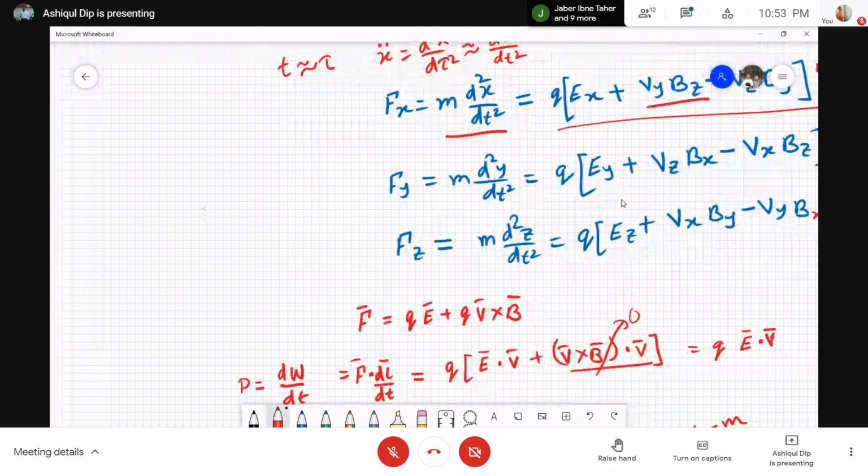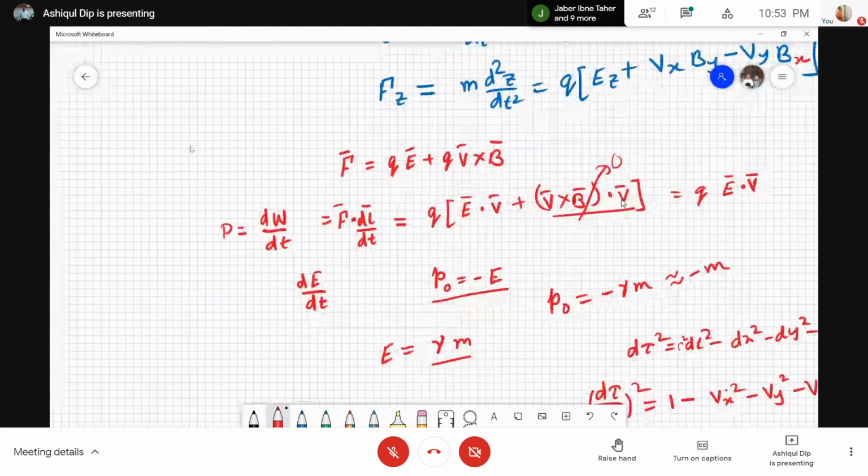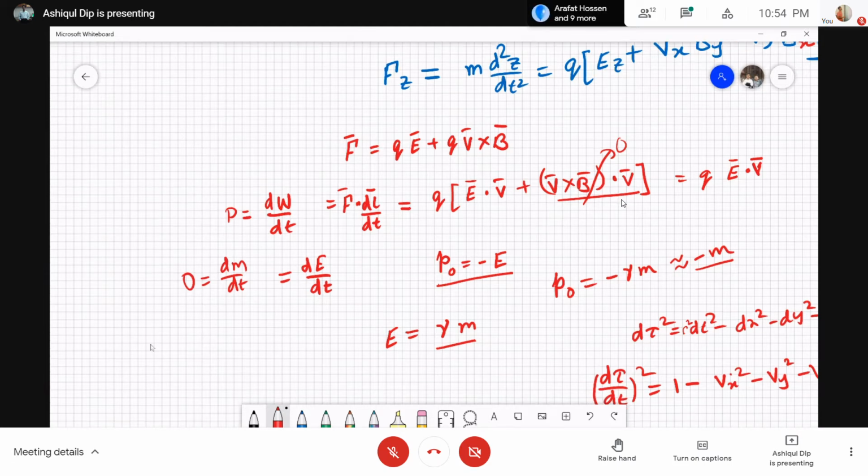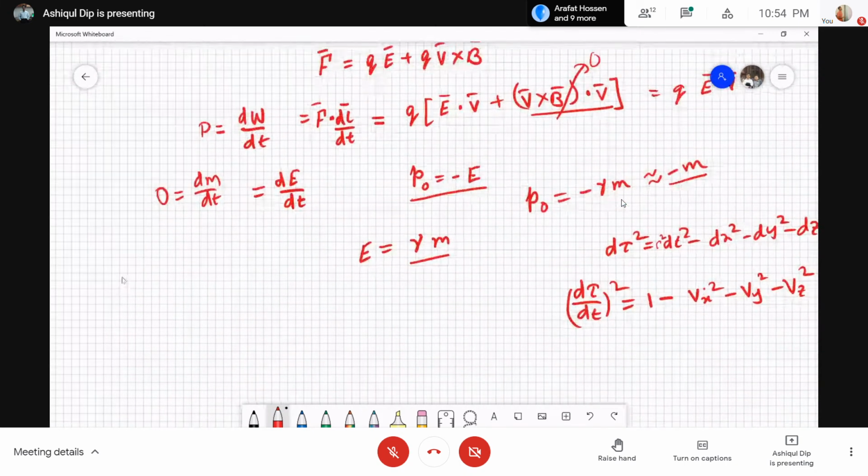So where am I going to use it? Oh, here. When it's approximately equal to negative m, if I can set that, that gives me dE over dt, which is negative dm over dt, right? Which is 0 basically. So that gives me E dot v equals to 0 for really small velocities.